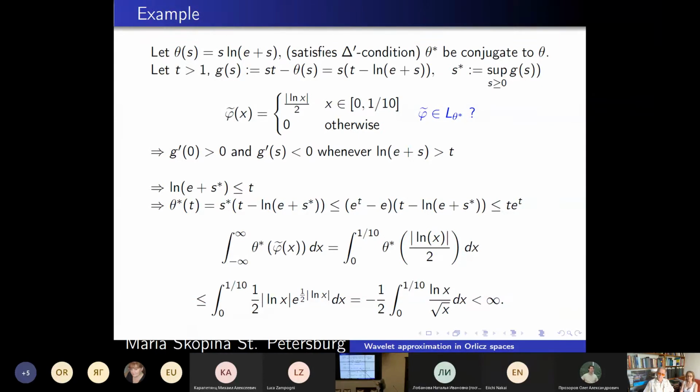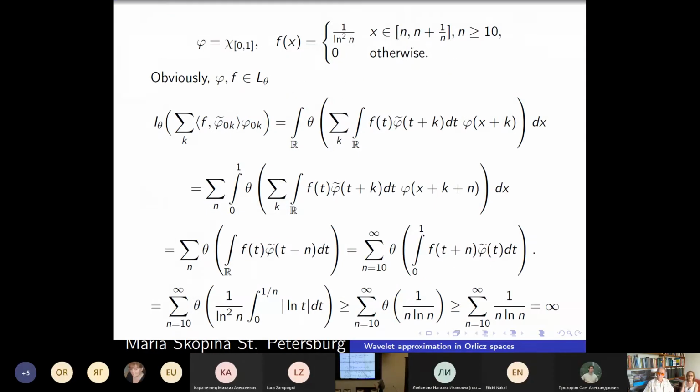It's possible to check that phi tilde is this function. Phi tilde is in this space. This is checking, but this is infinite.